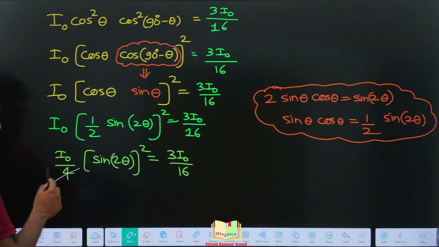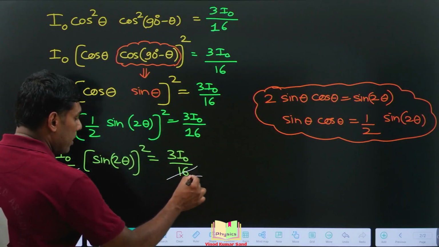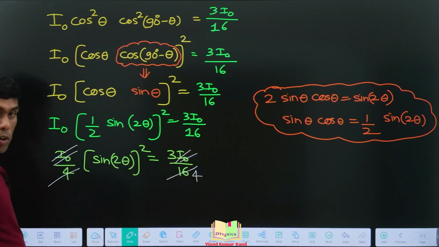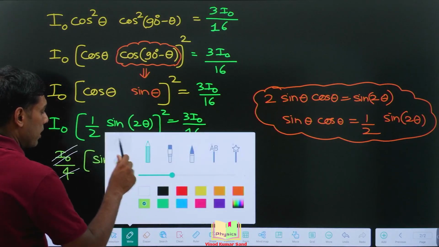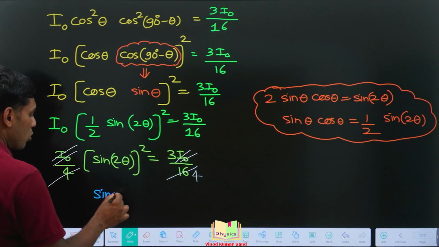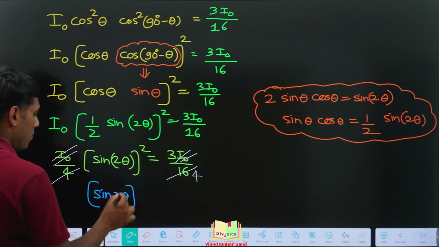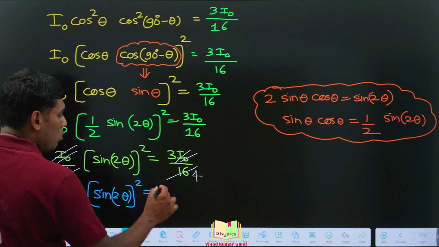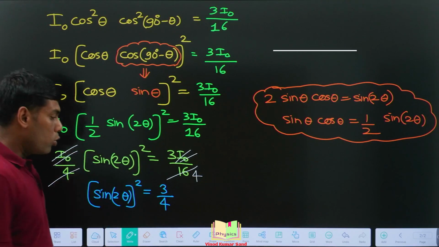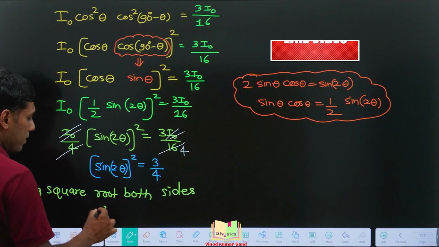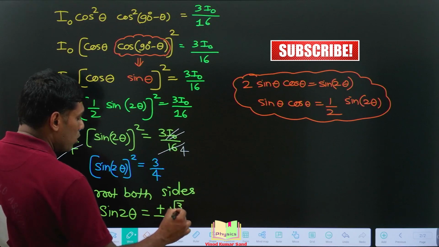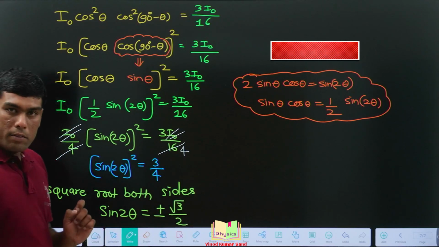This 4 cancels with this 16, and then here we are left with 4. I naught gets cancelled with the I naught. So we are finally left with the expression sin 2 theta whole square is equal to 3 by 4. If we take the square root both sides, sin 2 theta should be equal to plus minus root 3 by 2. Agree with this?